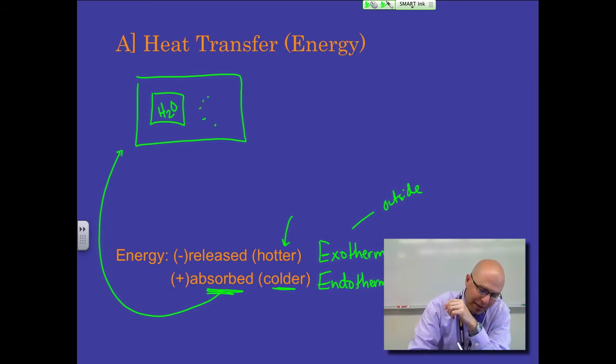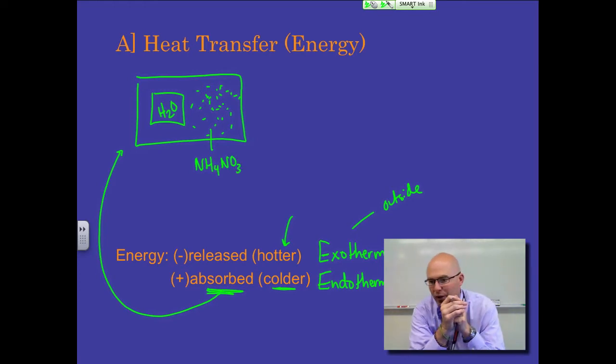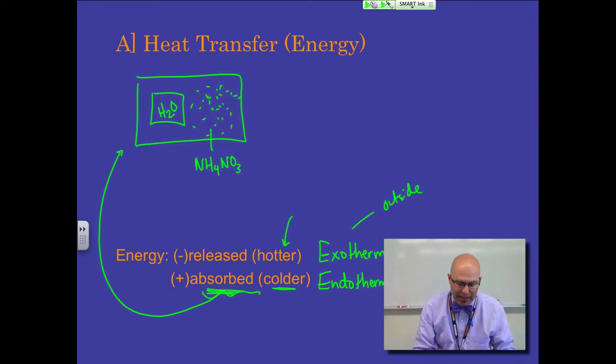What you have in the exterior bag, oftentimes, is ammonium nitrate. When ammonium nitrate gets together with water, you get a drop in temperature, so it's absorbing energy. The water combines with the ammonium nitrate, and you get colder temperature.